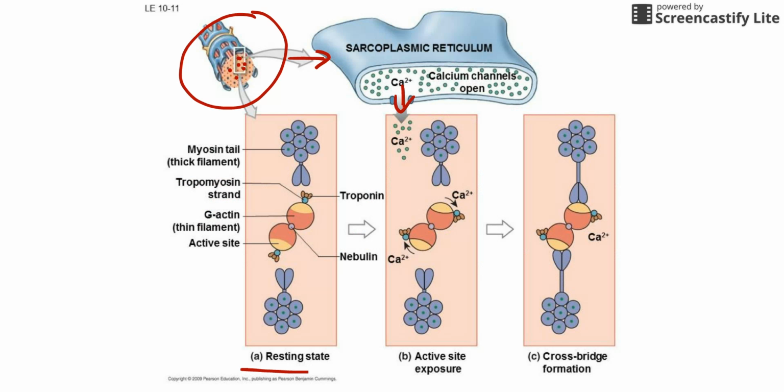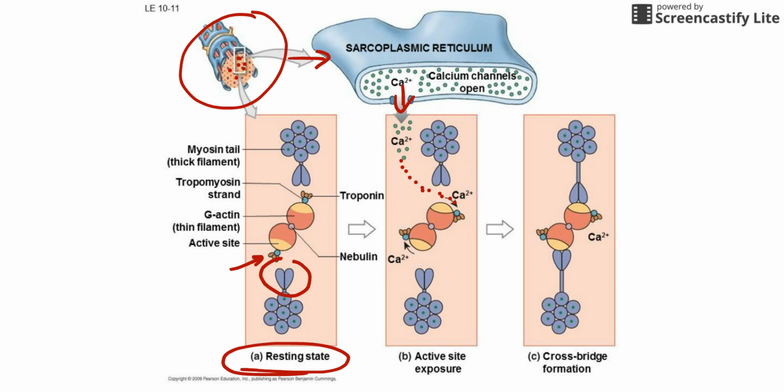released. So at rest, take a look at the picture, this cross bridge, this arm, can't reach the binding site because the troponin and the tropomyosin are in the way. But as soon as the calcium comes along, that's going to bind to this troponin and the tropomyosin. And remember, it's a protein, so it changes shape when you get a positive charge binding to it.